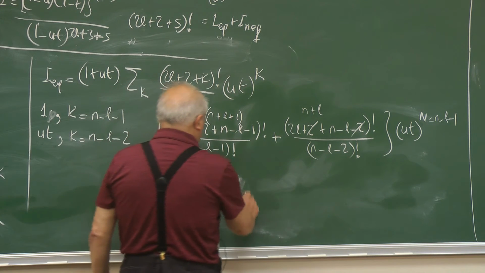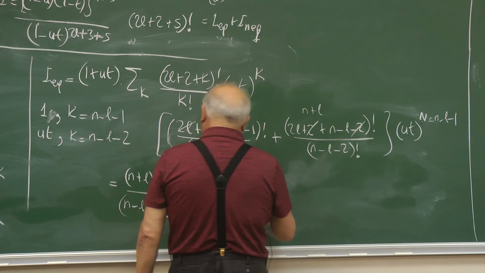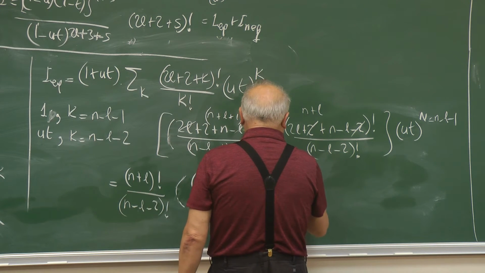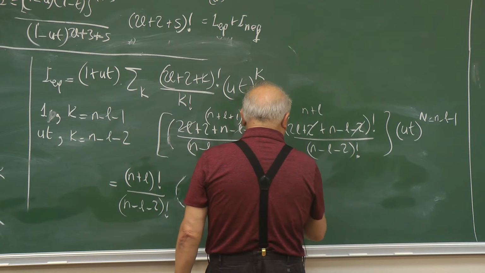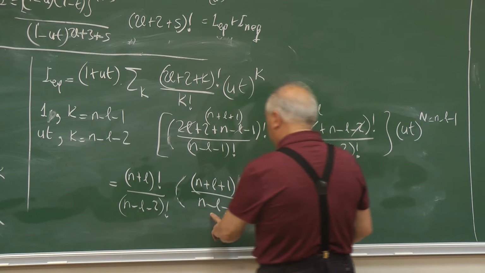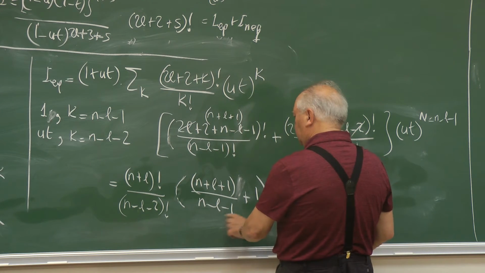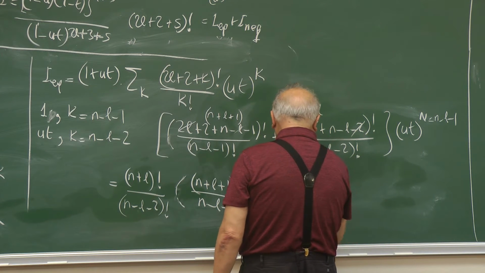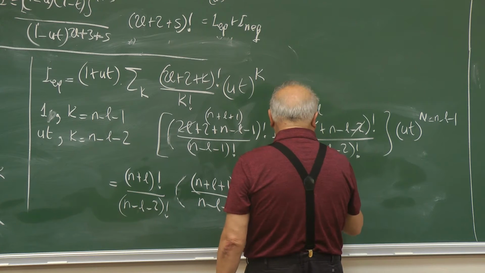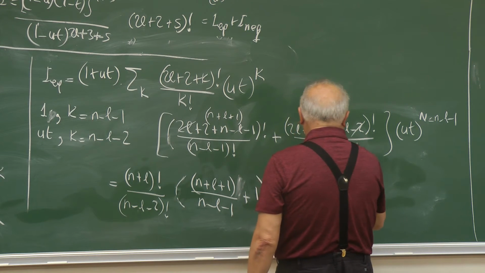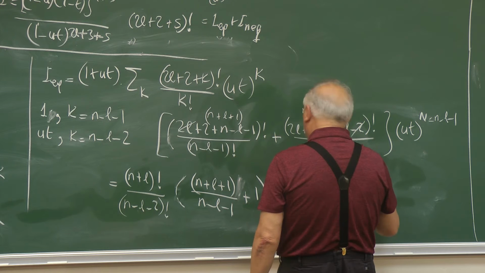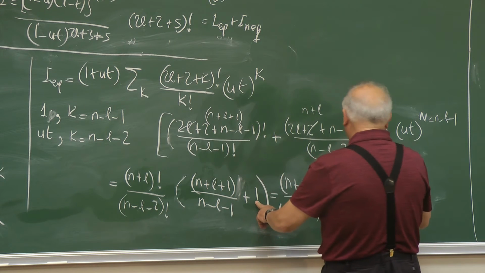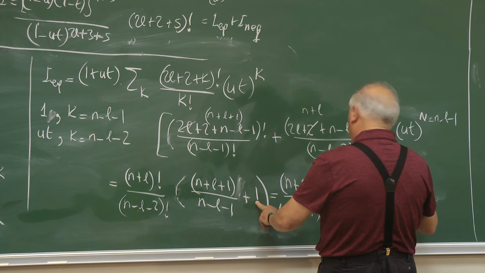So it is equal to (n plus L) factorial divided by (n minus L minus 1) factorial times, when I equate the denominators, (n plus L plus 1) plus (n minus L minus 1).